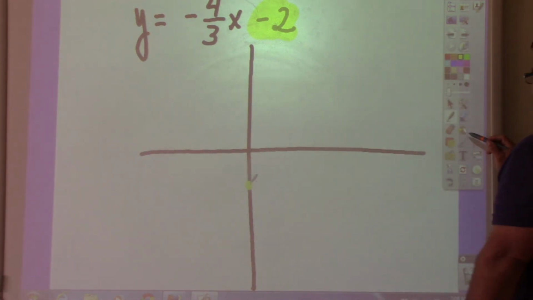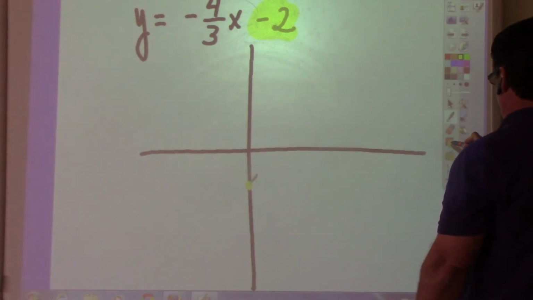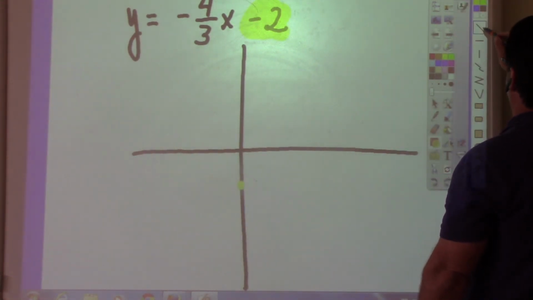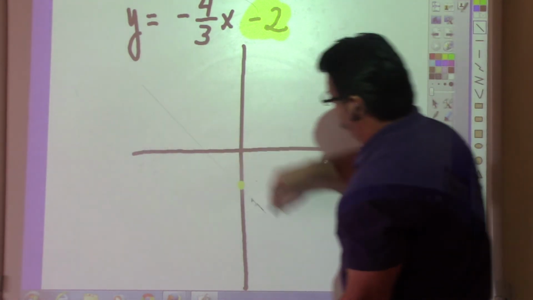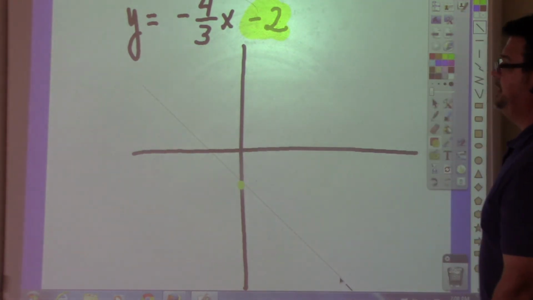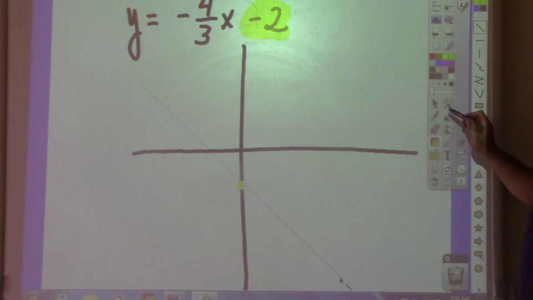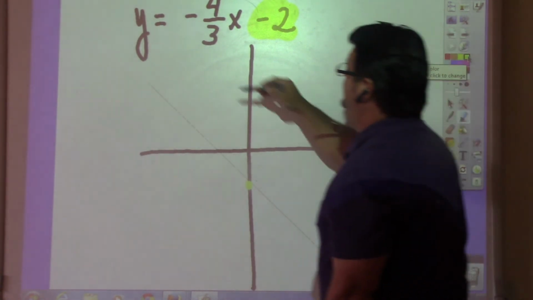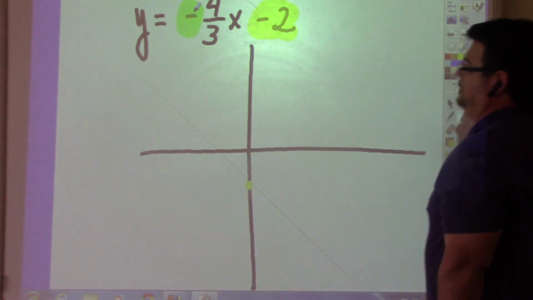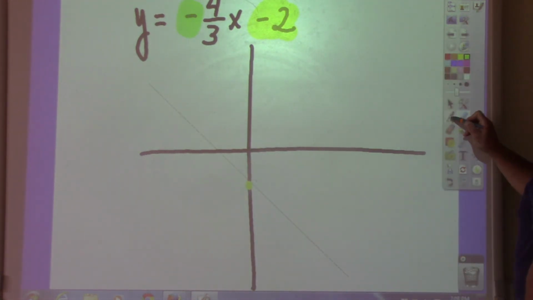And then my trace line is going to be left to right what? Left to right down. There it is, left to right down, and that is our green marker. That's that right there, left to right down.